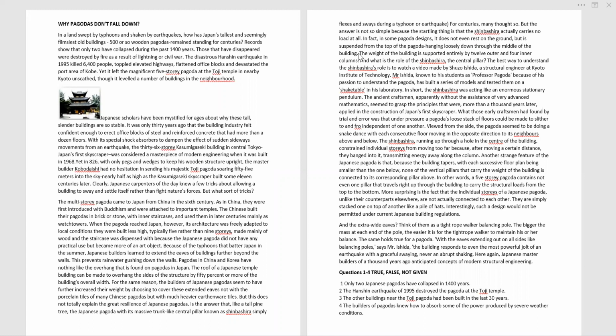Okay, the first one is right, second right. The third one is wrong, and the fourth I think is also not given. Third is not given, right? Yeah, you wrote true by mistake.